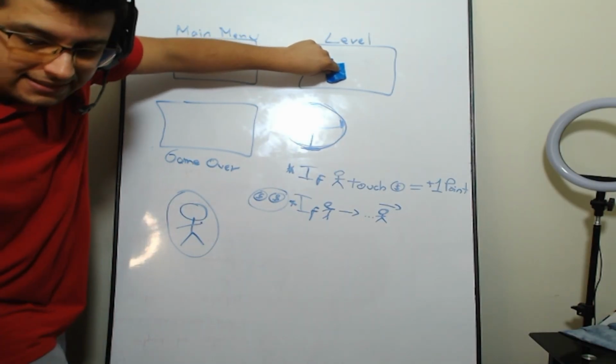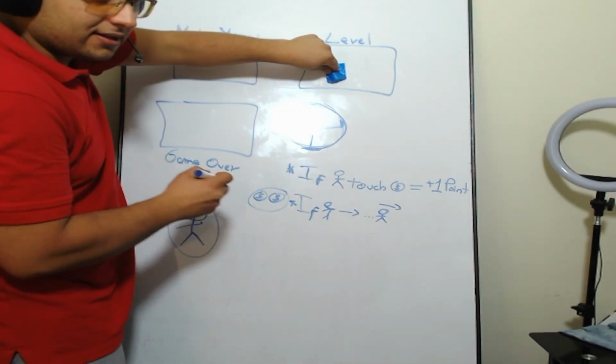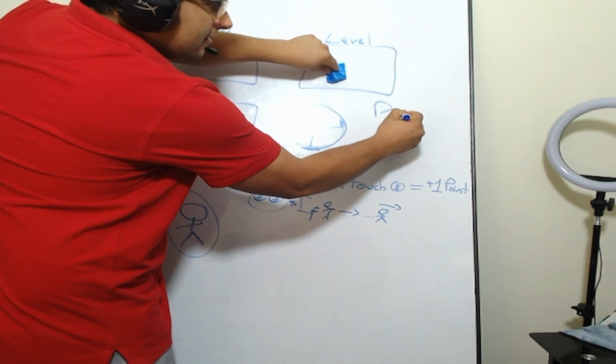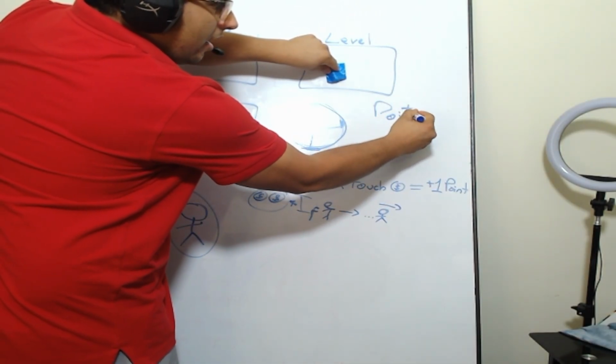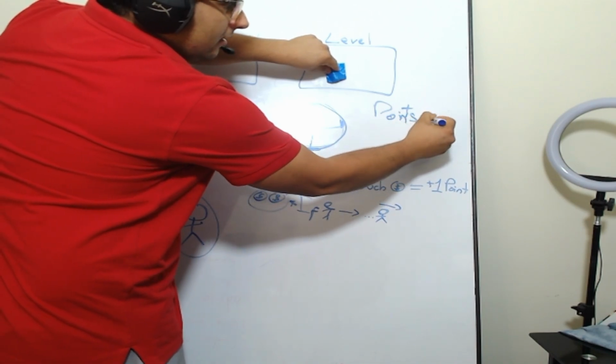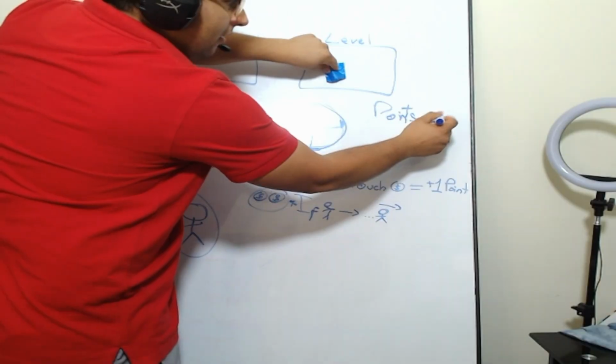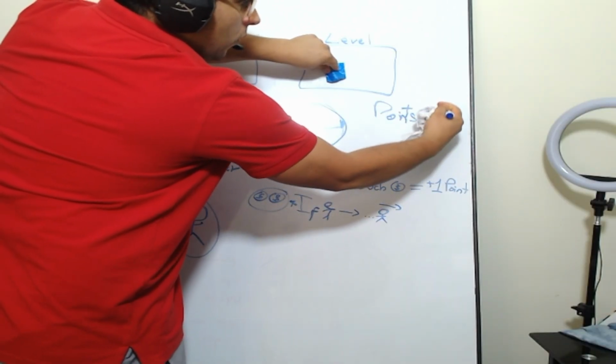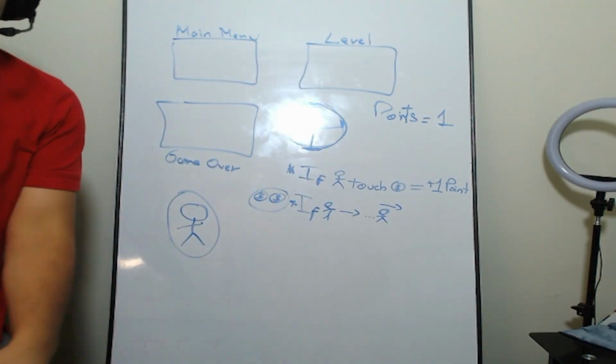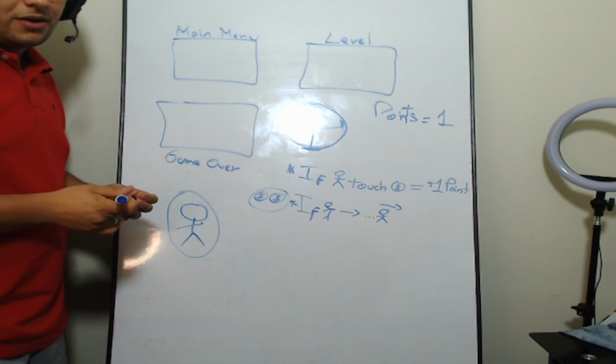Once the character takes the coin, our points in our level will not be 0. We already took one coin. So now it's going to be 1, okay? That's how everything works here, okay?